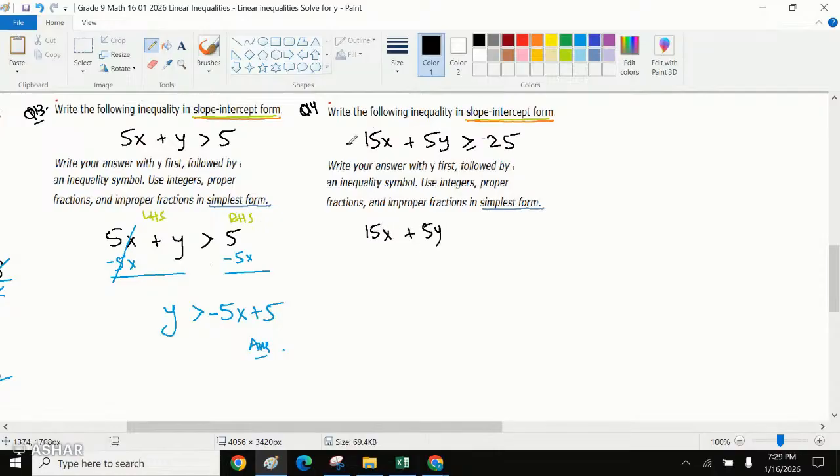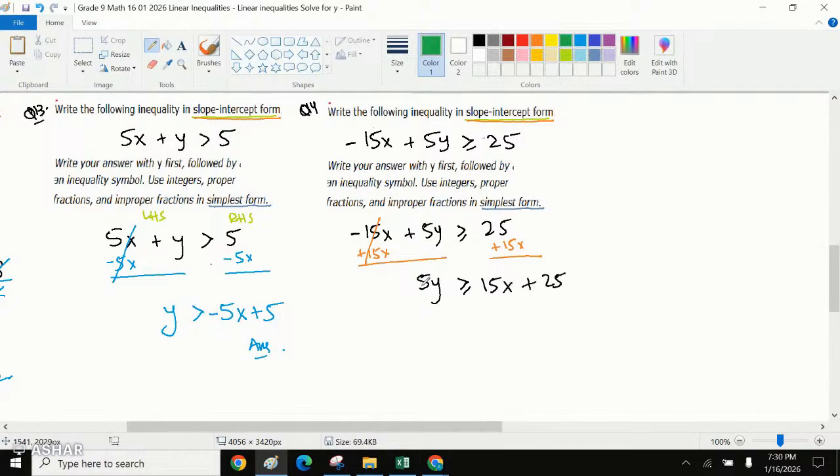Okay, we put a minus 15x. Okay, is greater than equals to 25. If this was a negative, we add 15x on the either sides. Agreed? This is cancelled out. And what we can say is it becomes 5y is greater than equals to 15x plus 25.